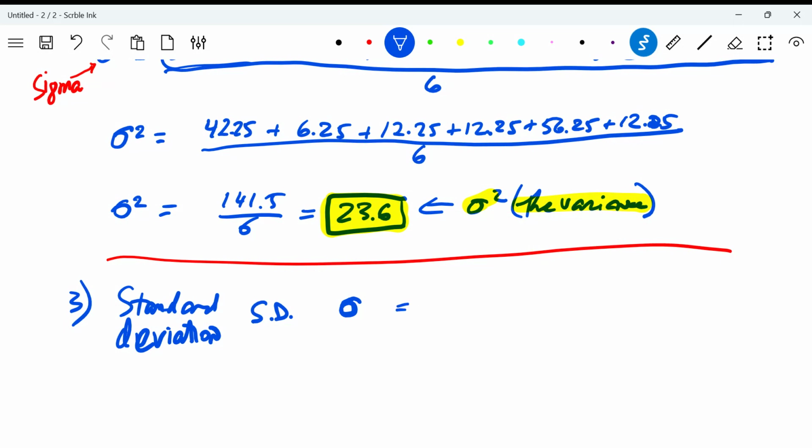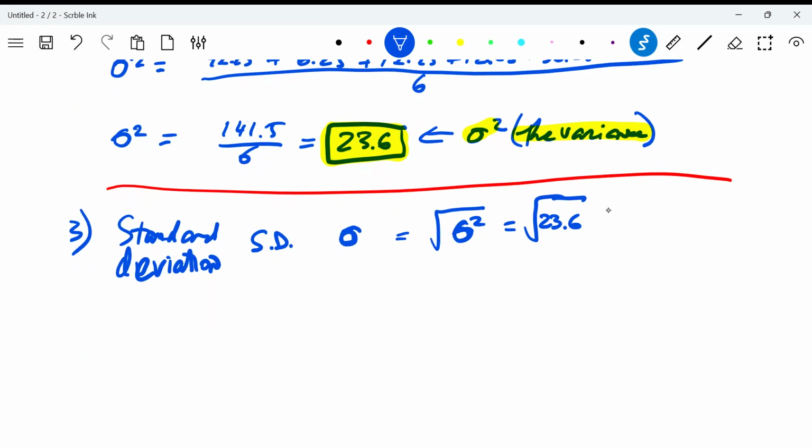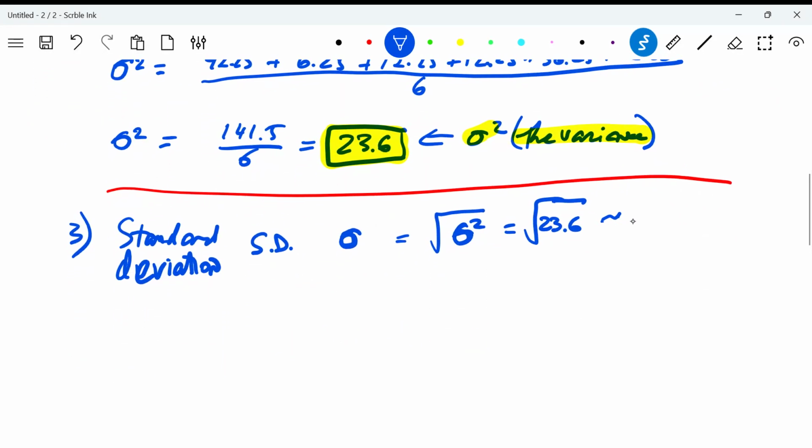To find it, we take the square root of the variance, or the square root of sigma squared, and we just figured out that that's 23.6. And thus we figure out that it's approximately 4.9.